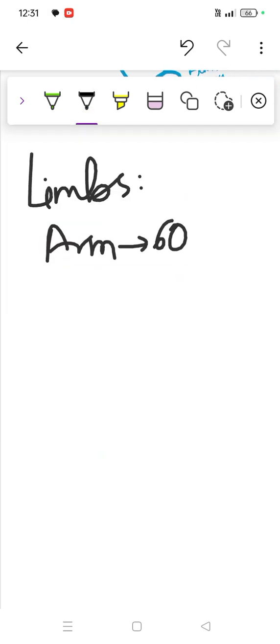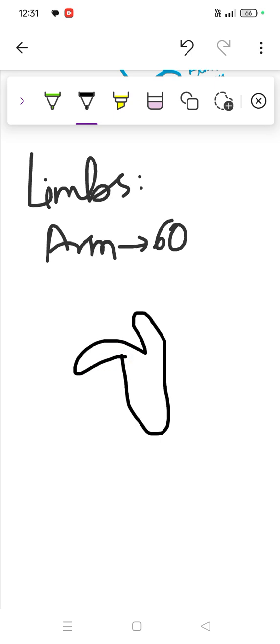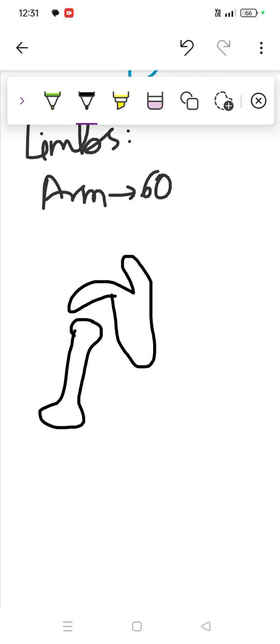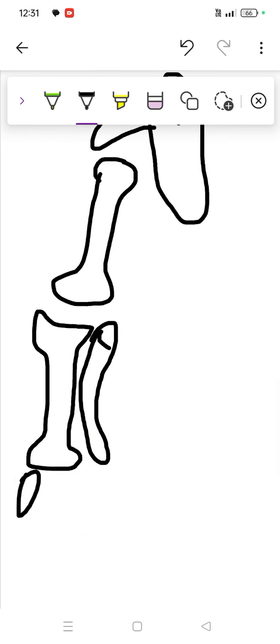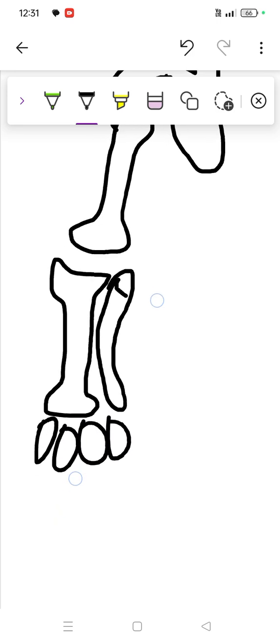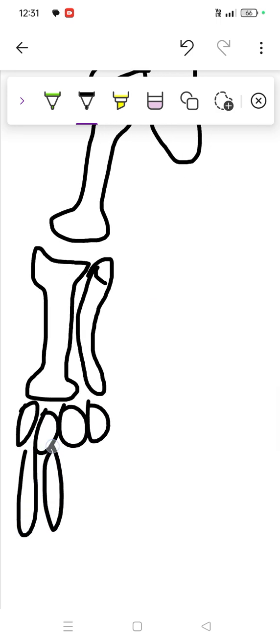So if I make a structure, you will get it very clearly. Here's the main structure I'm going to make. First one kind of structure, then again here's another bone. Then here we have different structures like these: carpals, these are metacarpals.